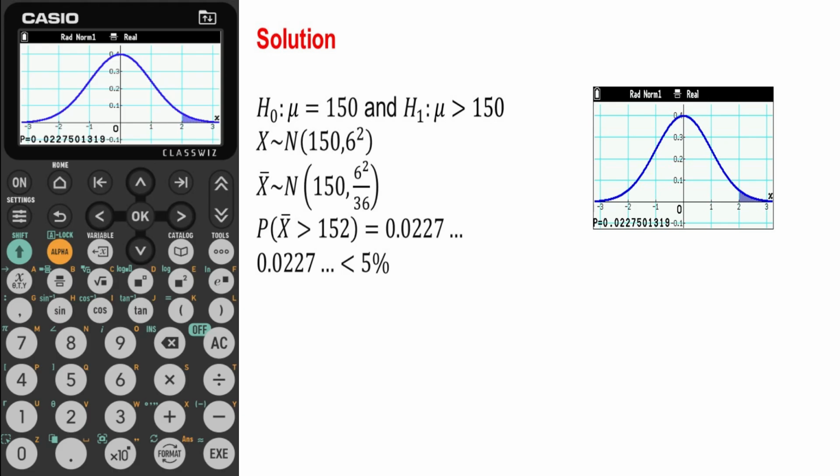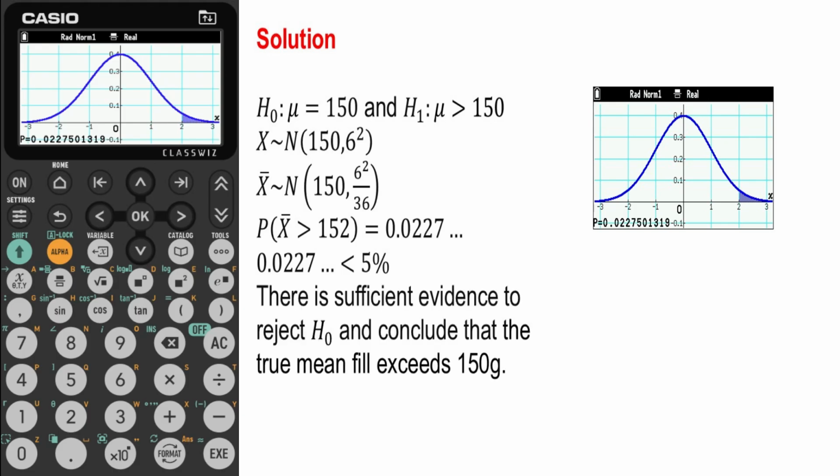We see that 0.0227, etc. is less than 5%. Therefore, there is sufficient evidence to reject H0 and conclude that the true mean fill exceeds 150 grams.